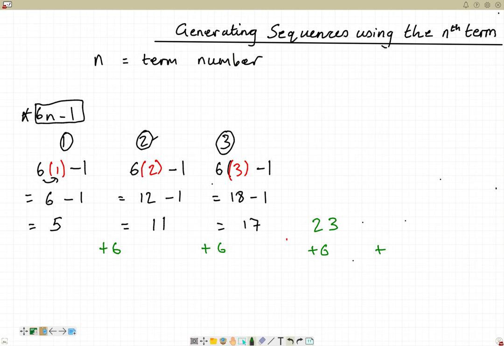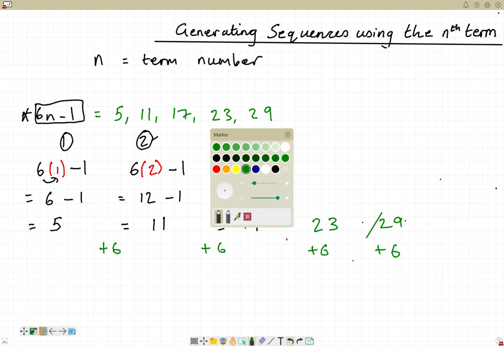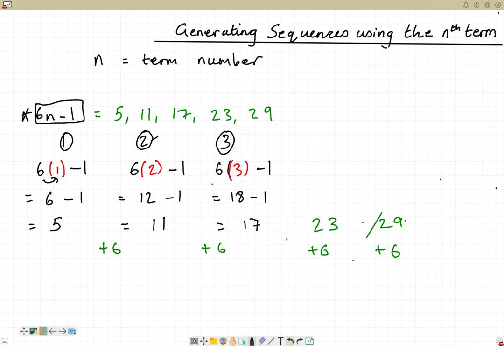And then the fifth and final term will be 23 plus 6, 29. So the first 5 terms of this sequence will be 5, 11, 17, 23, 29.